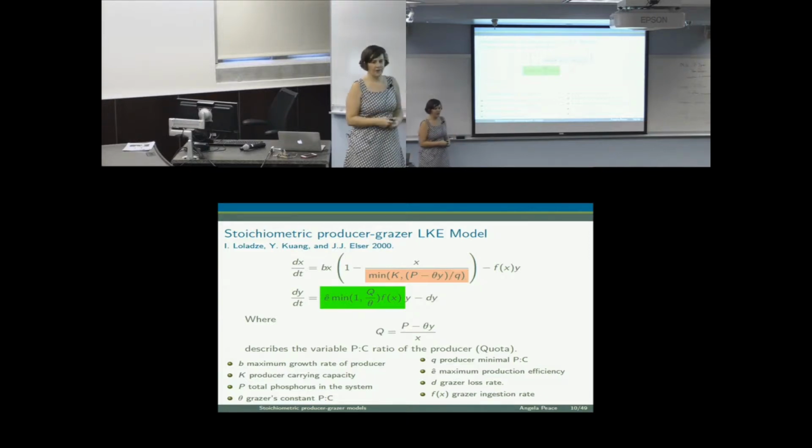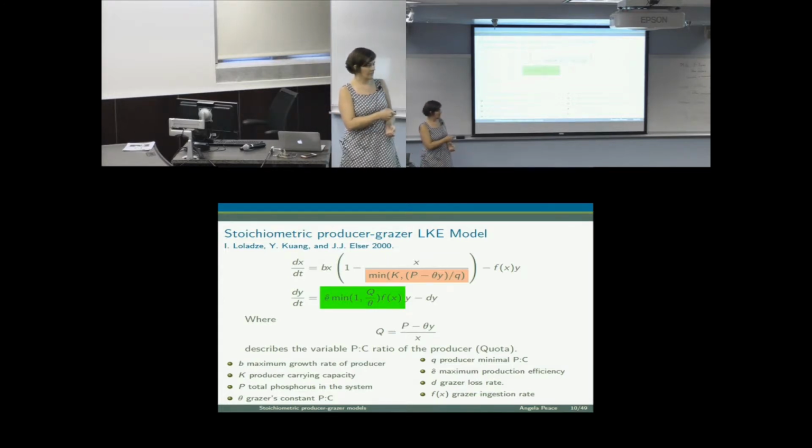They also assume that all the phosphorus in the system is divided into two pools. It's in the algae or it's in the Daphnia. So they don't allow phosphorus to be out in the environment. So the total amount of phosphorus in the algae is going to be given with this expression right here in parentheses. So that's the total amount of phosphorus in the system minus the phosphorus that's in the Daphnia. So they assume theta is the grazer's or the Daphnia's constant phosphorus to carbon ratio.